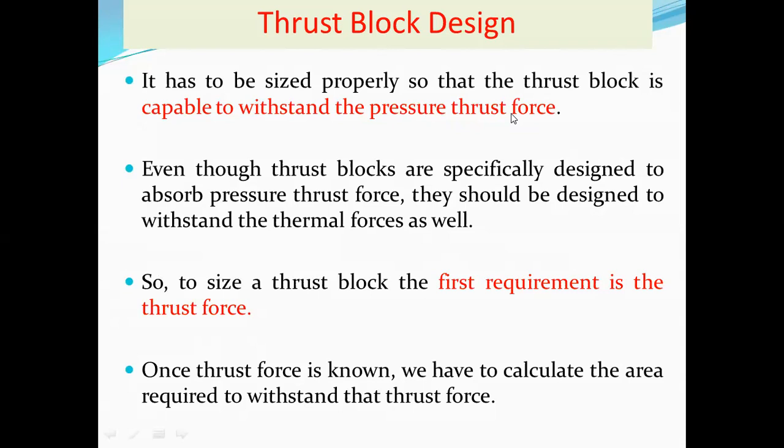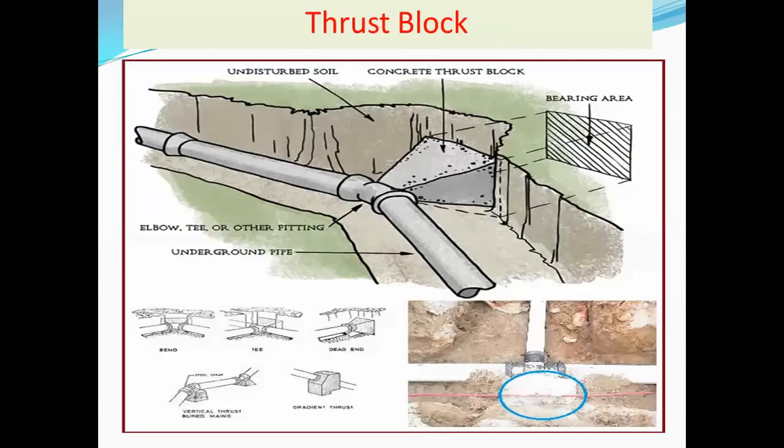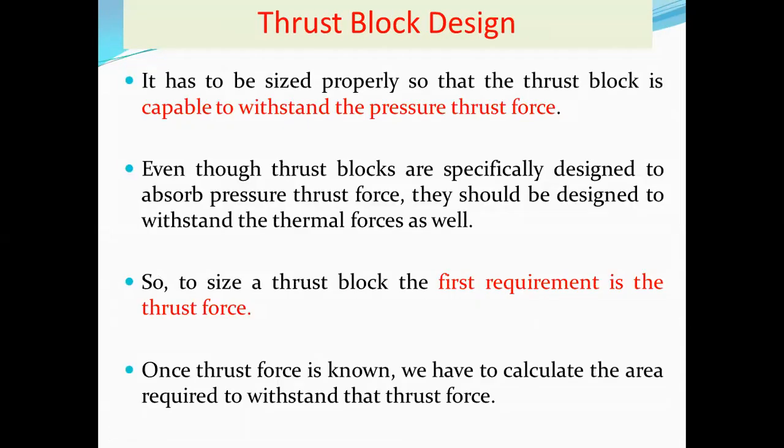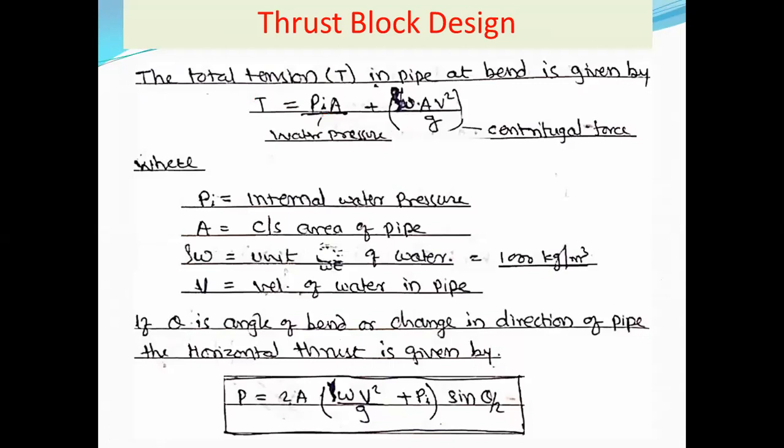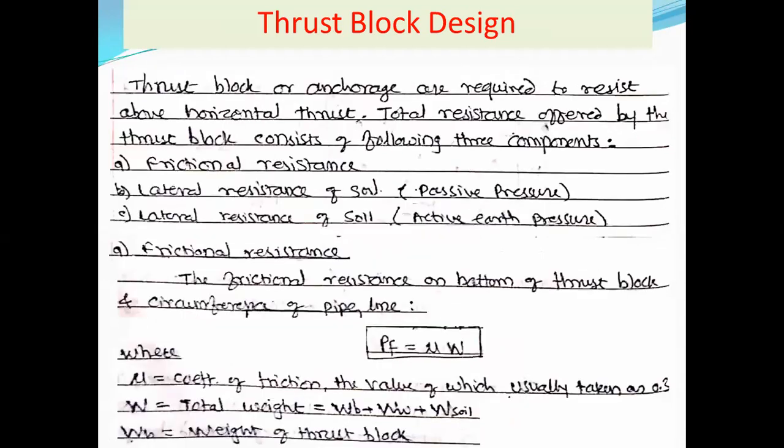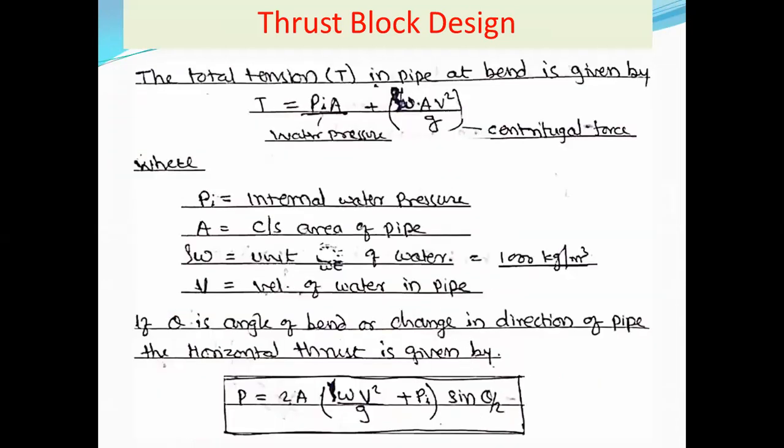Here we have studied the meaning of thrust block and the design of thrust block. This theory part we have studied, and then we solved one problem based upon that. In thrust block, this is the formula which gives the value of thrust, or the force which will be exerted on that particular joint.